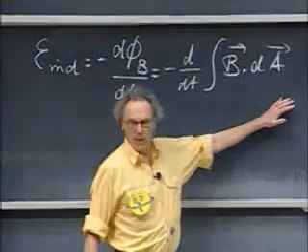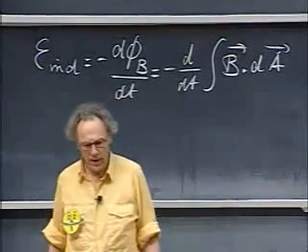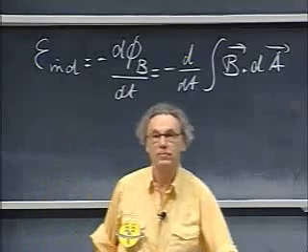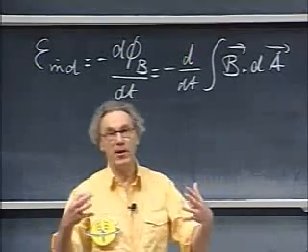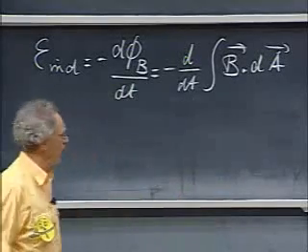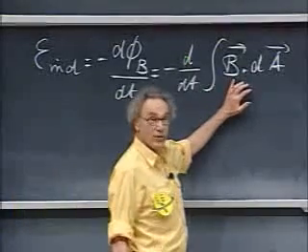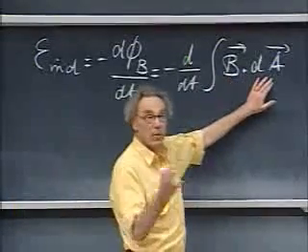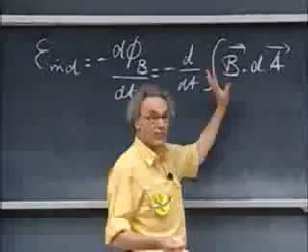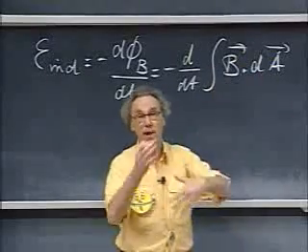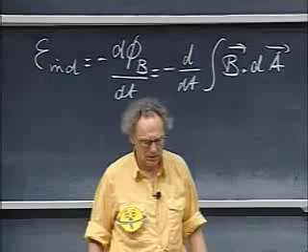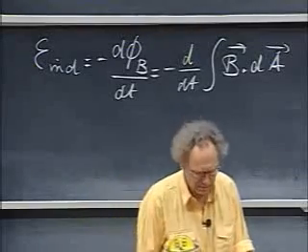You can think of many ways of changing the magnetic flux. One way is a stationary loop with a changing magnetic field. Another way is having B constant, but changing the geometry so that the magnetic flux through the surface changes. You rotate it around or you move things around. Let's look at both today.